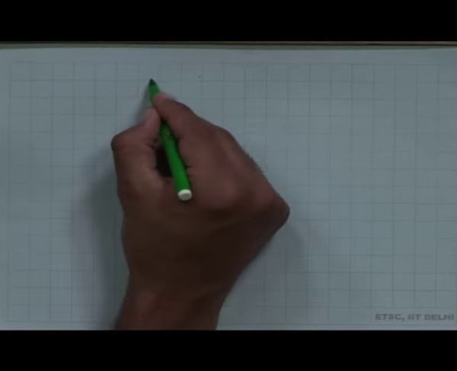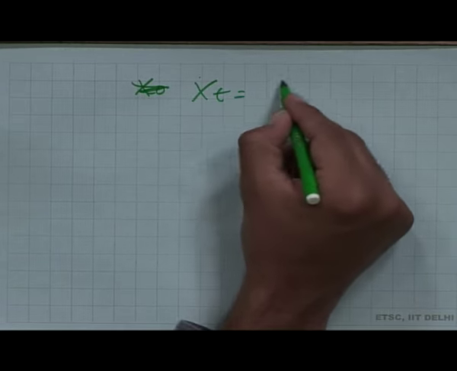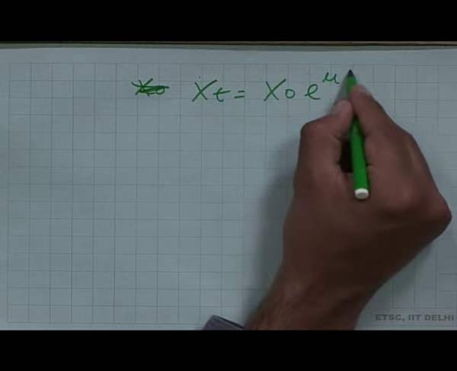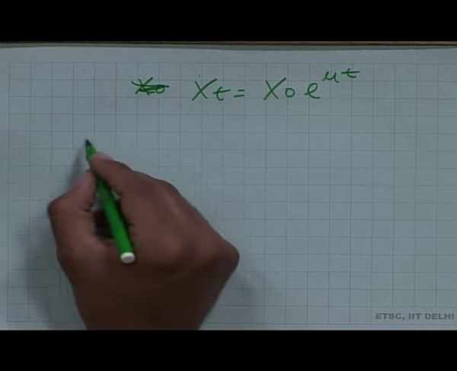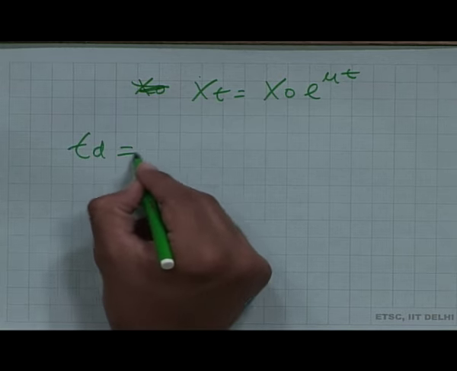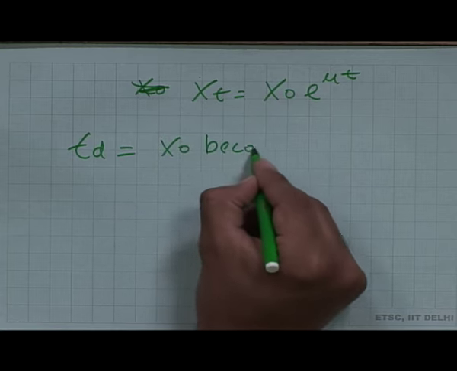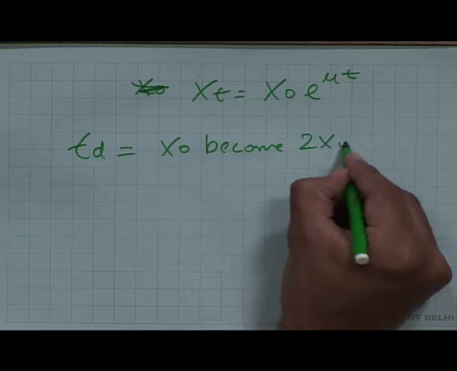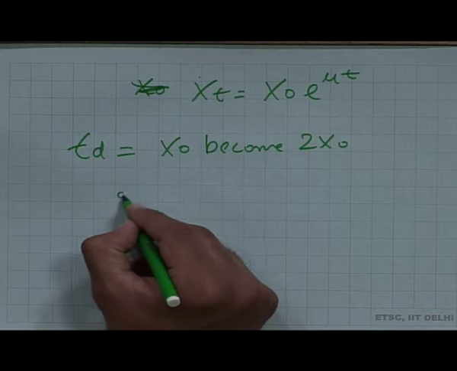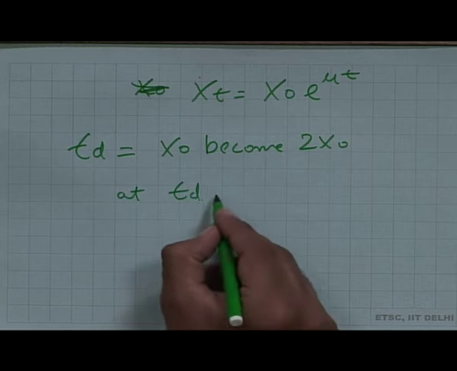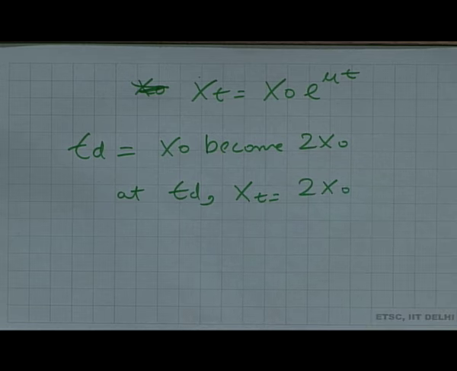Now comes the other part where we are looking at the doubling time. x t is equal to x 0 e to the power mu t. So, what is doubling time? Doubling time would be t d, where x 0 becomes 2 x 0. That means at t d, x t is 2 x 0.